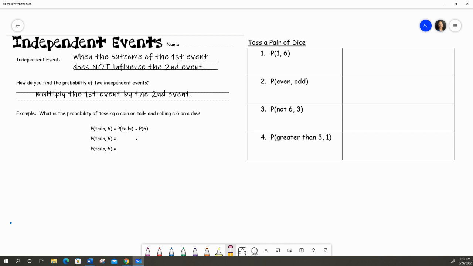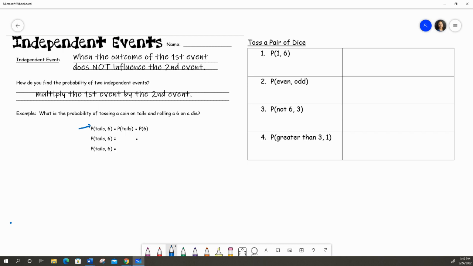So let's take a look at this first example. It says, what is the probability of tossing a coin on tails and rolling a 6 on a die? This is considered an independent event because tossing a coin is not going to have any effect on what happens when we roll a die. So let's think about this. With probability, we usually see it represented with a capital P, and then in parentheses, it'll tell you the probability of what it is we're trying to find.